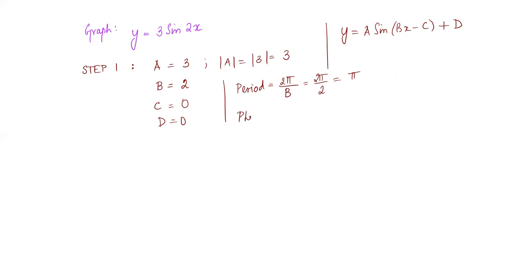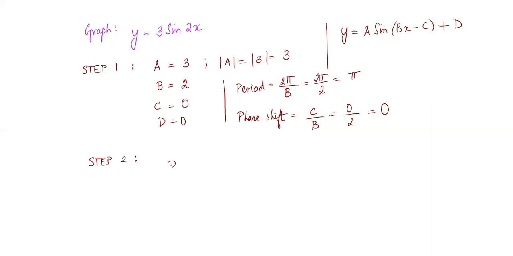Then we have the phase shift, which is C over B. Do we have a C? Well, there is no C here. There's only a 2x, there's only bx, there is no minus C. That's 0 over 2, which is 0, so no phase shift. Step 2, you need to get your key points.